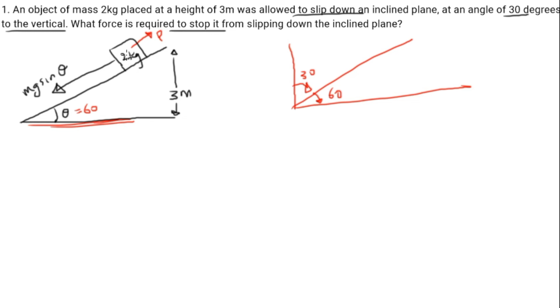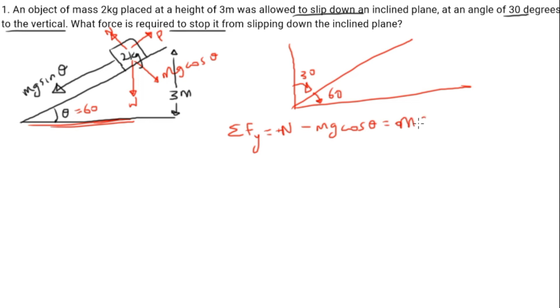Okay, now notice that the body will also exert its weight vertically downwards, and then we can resolve it into this, which will be mg cos theta, and then there will be a normal force. The summation of the forces on the y-axis, let's say that is N minus mg cos theta, is supposed to be equal to 0 because there is no acceleration on the vertical axis.